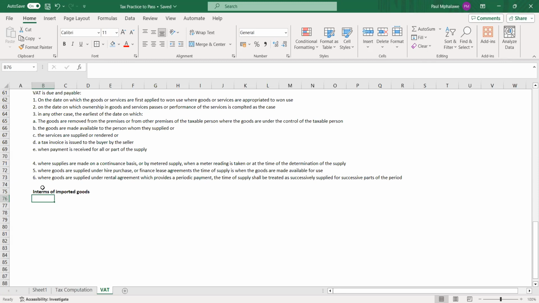So for imported goods, what normally happens is that they take the value determined for customs purposes under the Customs Act. And then they charge import duties.